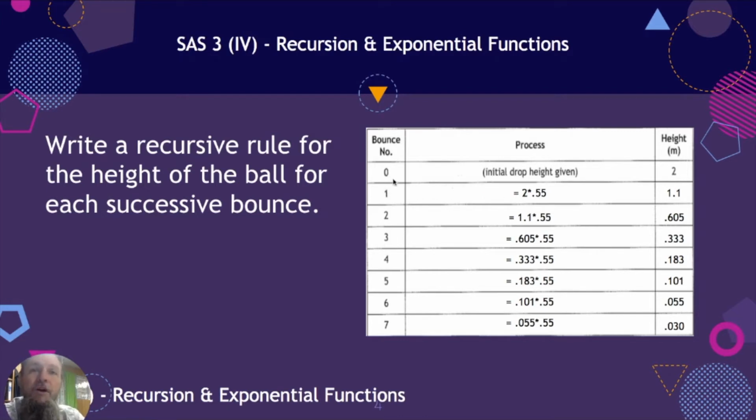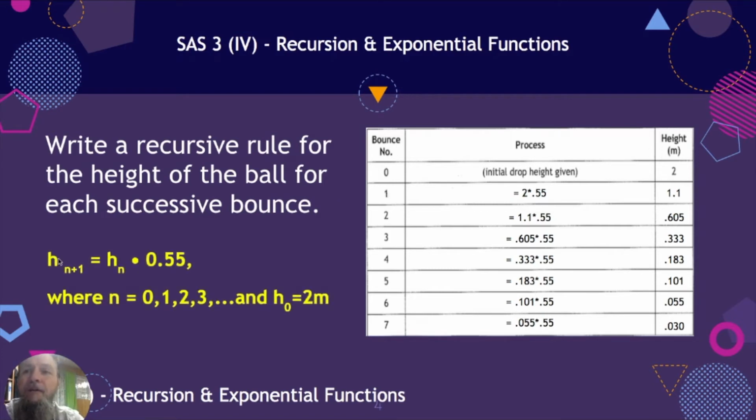Or, since we're starting this way, we could say h subscript n plus 1 equals h subscript n times 0.55, which means this time we're taking this value and adding 1 to it to find the next value. The subscript can be manipulated any way you want, as long as it makes sense. So both are actually the same thing. All right, let's take a look at the answer. Sure enough, h subscript n plus 1, that's 1, equals h subscript n, that's 0.